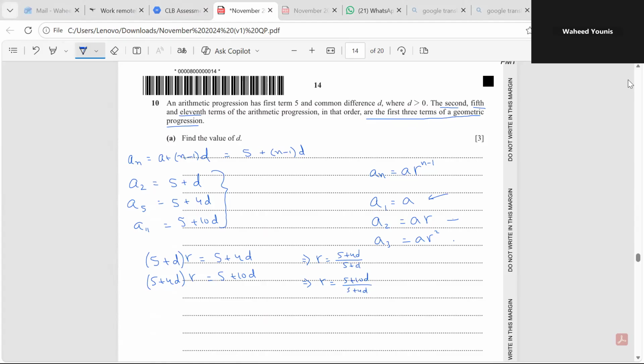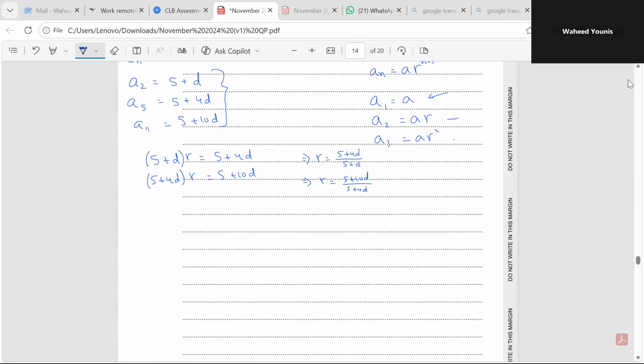Since the common ratio is the same, I can equate them. Cross multiplying, 5 plus 4d squared is equal to 5 plus 10d times 5 plus d.